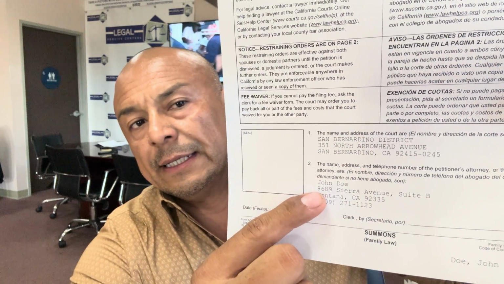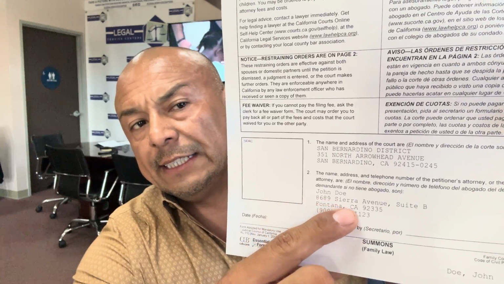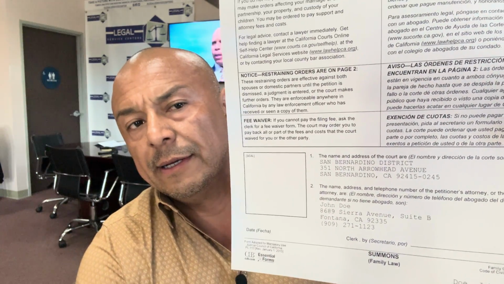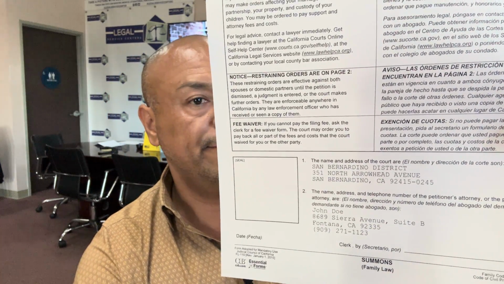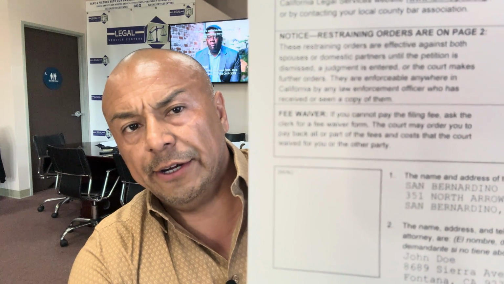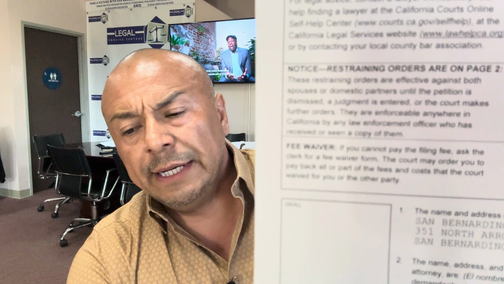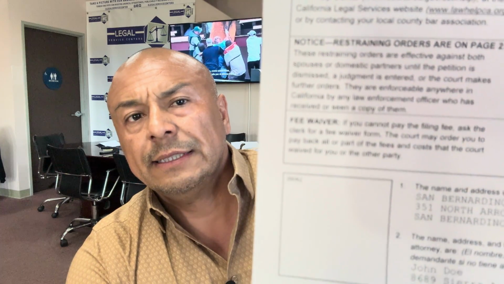The address for John Doe is 8689 Sierra Avenue, Suite B, Fontana, California, 92335. The phone number is listed there. So that's the name, that's his address, that's the phone number. That's our office.